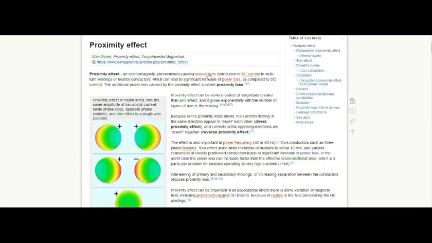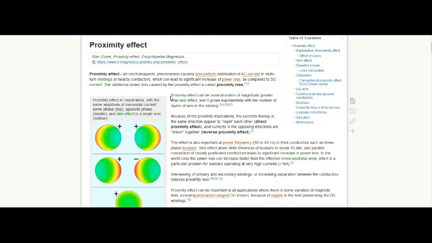An electromagnetic phenomenon causing non-uniform distribution of AC current in multi-turn windings, which can lead to a significant increase of power loss. You could also say a significant increase of resistance, reactive resistance, as compared to DC current. This additional power loss is called proximity loss.